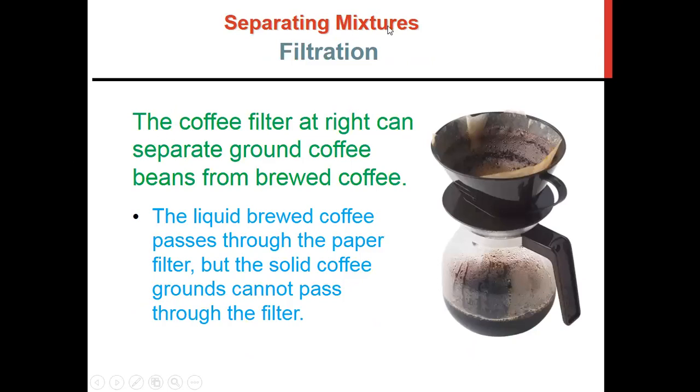It would be easy. For example, filtration: this is a coffee filter, which can separate the ground coffee beans from brewed coffee. The liquid coffee passes through the paper filter, but the solid coffee grounds cannot pass through the filter.